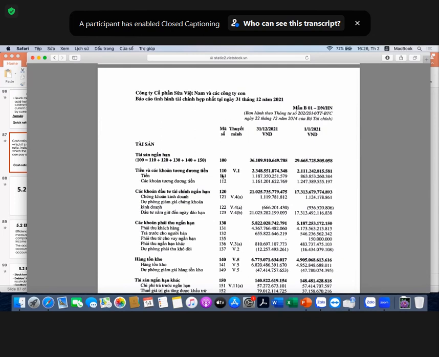Now, for every 100 đồng of current liabilities, Vinamilk has 14 đồng of readily available funds to pay off the current liabilities.